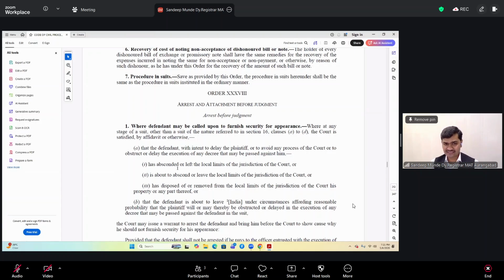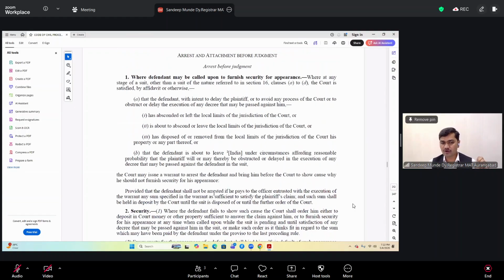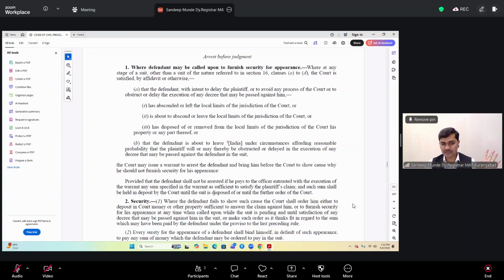Only in the contingency that the defendant, with intent to delay the plaintiff or to avoid any process of the court or to obstruct or delay the execution of any decree that may be passed against him, has absconded or left the local limits of the jurisdiction of the court, or is about to abscond or leave the local limits of the jurisdiction of the court, or has disposed of or removed from the local limits of the jurisdiction of the court his property or any part thereof, then the court may ask the arrest before judgment of the defendant.